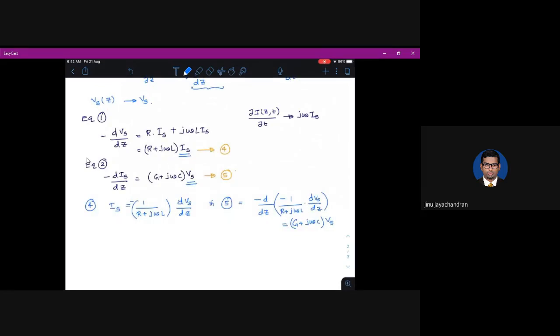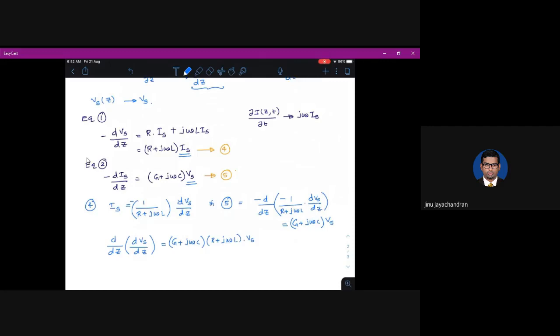So I can always take it to the other side. So I can write this as d by dz of dVs by dz is equal to G plus jωC into R plus jωL into Vs.